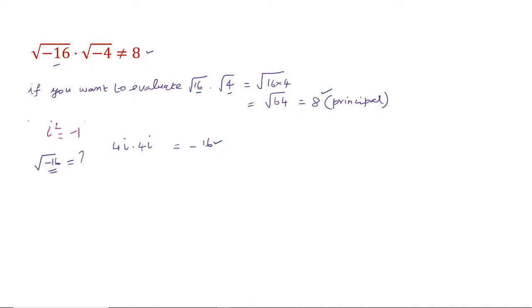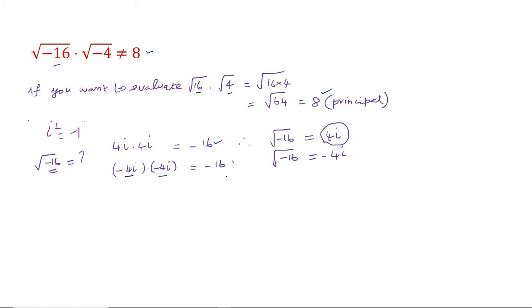Also, square root of minus 16 is also equal to minus 4i. How? Suppose you multiply minus 4i with minus 4i: minus 4 into minus 4 is 16, i into i is i square, which is minus 1.